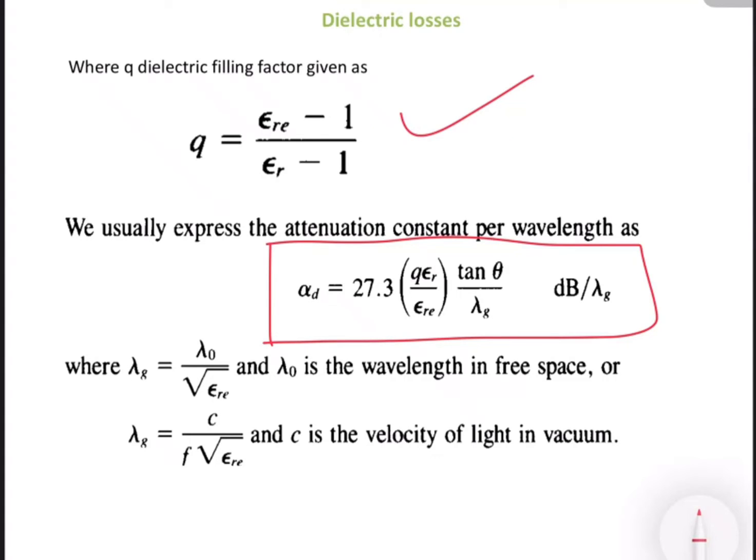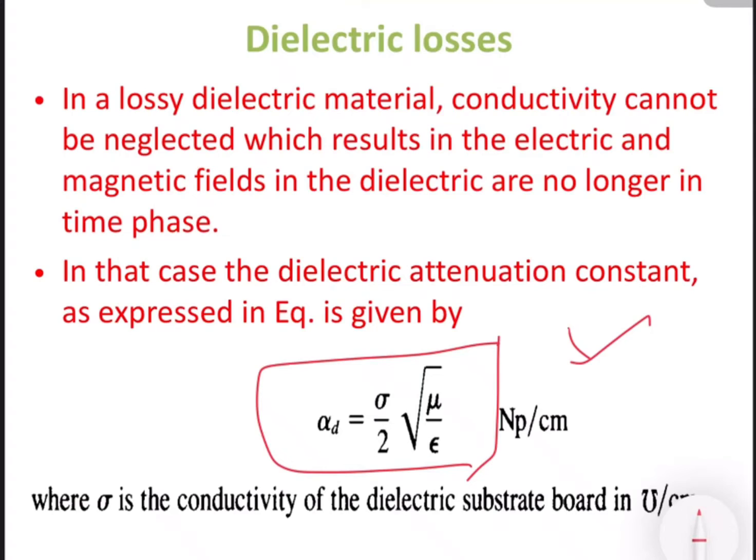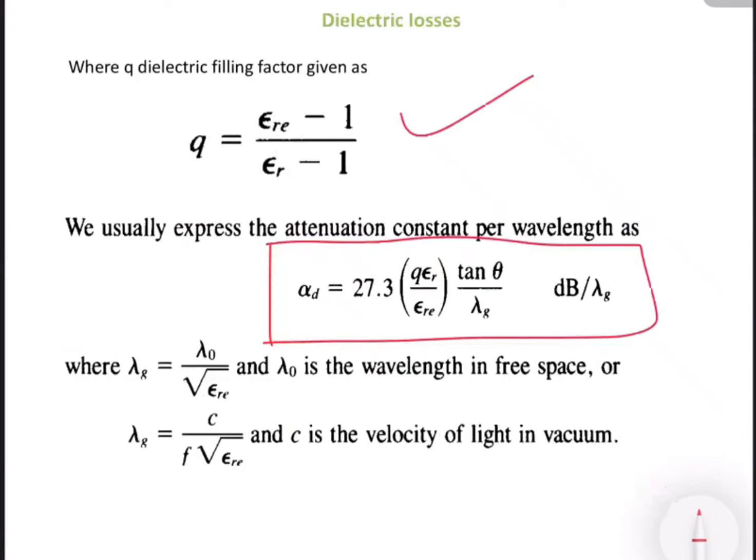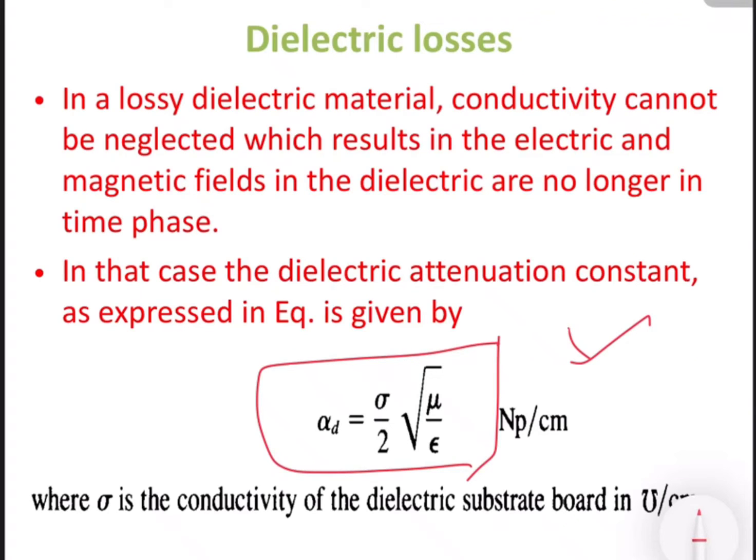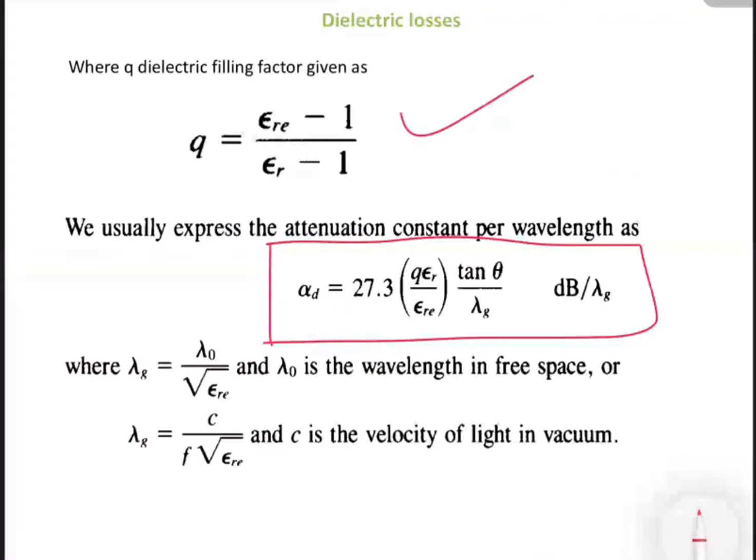And here, the most important thing is that the equations obtained are not by means of derivation. You don't have any derivations. In the exam also, you need to explain what dielectric loss is and write the equations which have been given. No derivation is there for this topic.